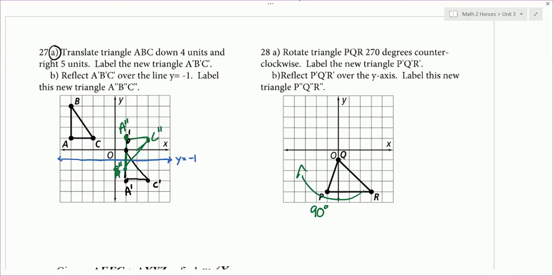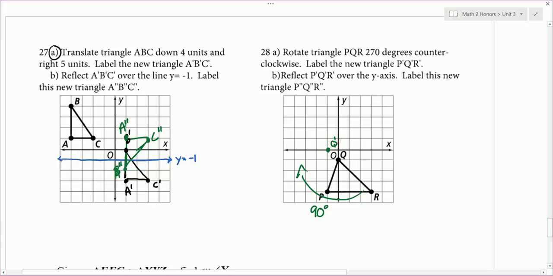So as we rotate, we're going to do 1 point at a time. Start with the easiest point first. Point Q. If you take that point, rotate it 90 degrees, I think you can see that we'd end up at negative 1, 0. And we're going to label that Q prime.